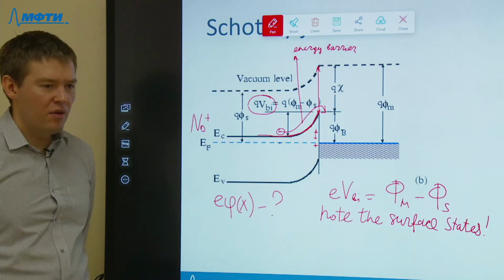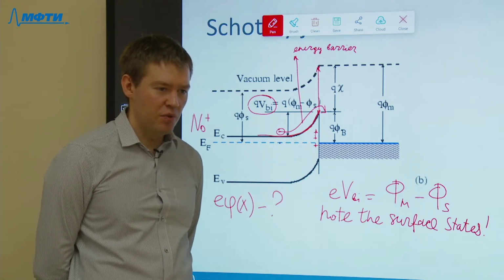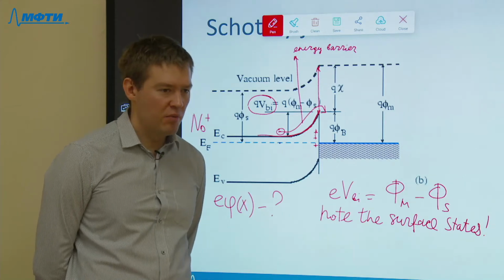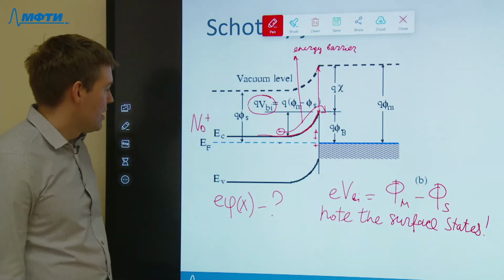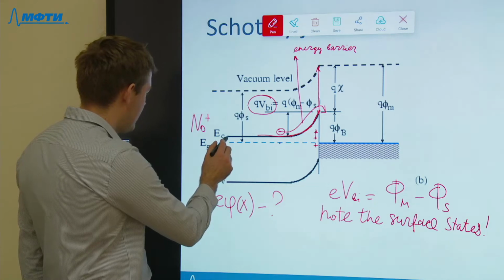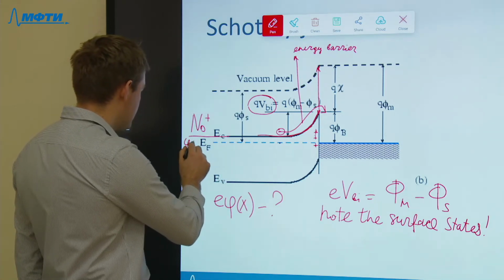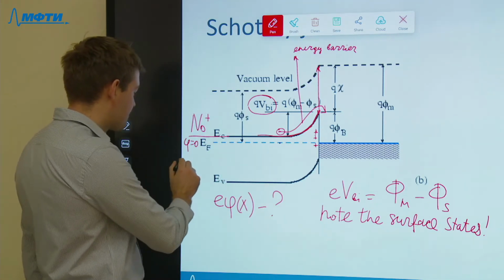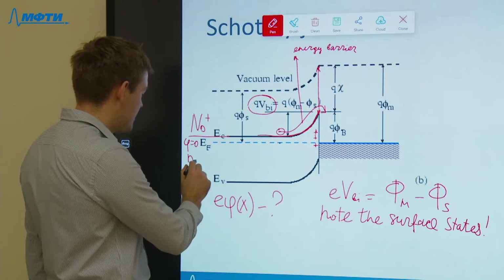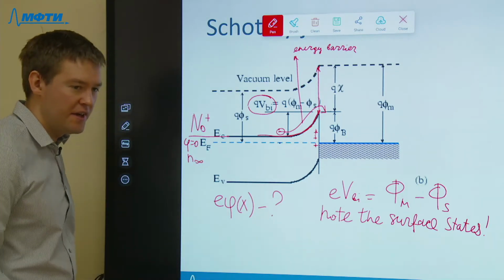We have already faced such problems, and we probably know how to solve them. Assume that the potential here at the left equals 0, and the charge carrier density equals infinity.